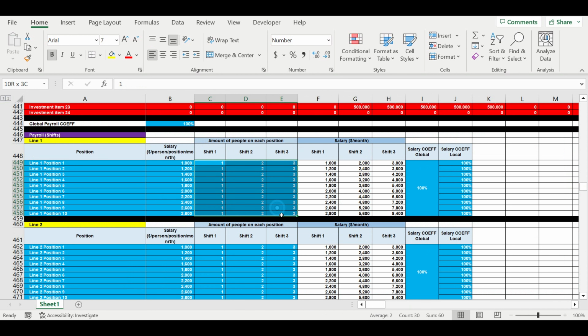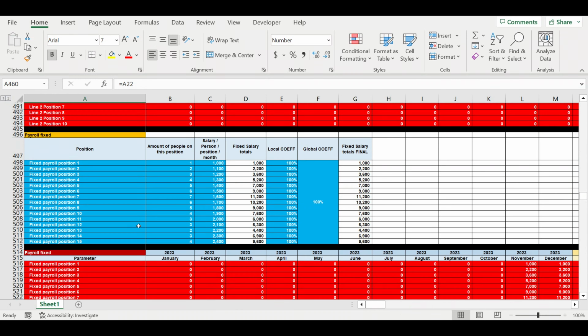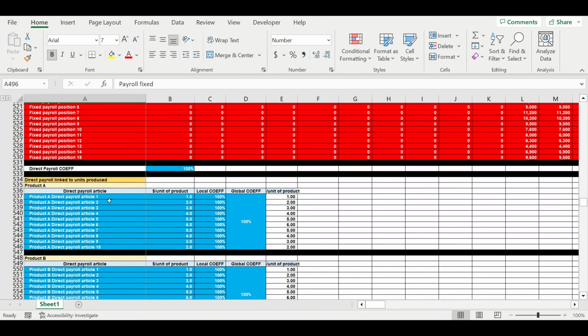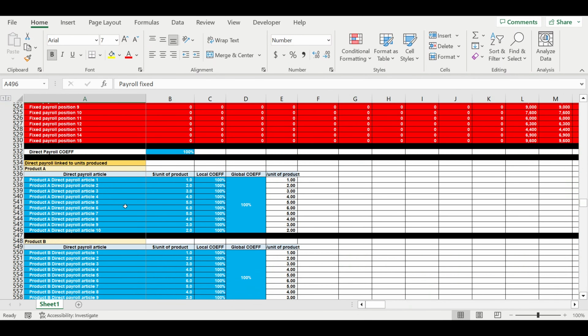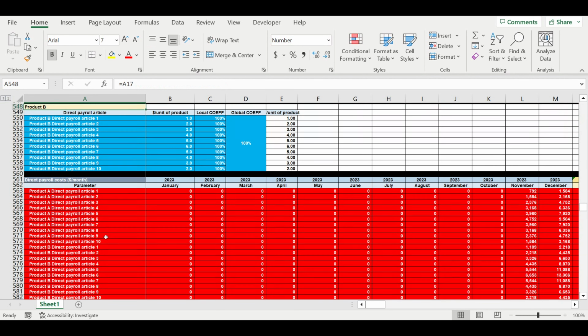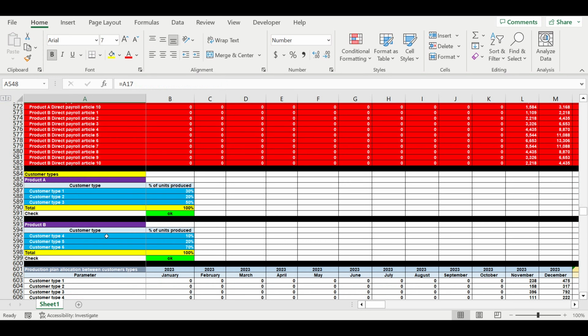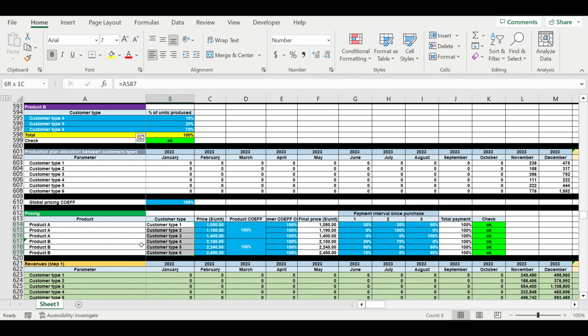Then we started creating the payroll which is connected with the amount of units produced of product A and product B. Then we assumed that we have different types of customers for product A and product B. And each type of customer for product A and product B may have different pricing and different types of payments.